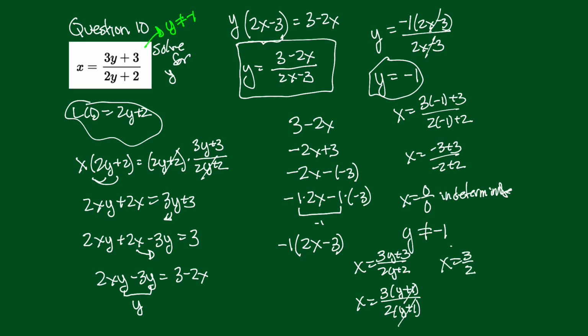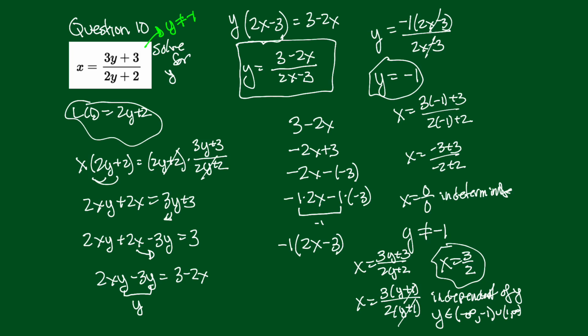Now, there is no y in this. All right, this is independent of y, which means that y could be any number. Here's a way to write it mathematically. Y could be any number in this interval, negative infinity to negative 1 or negative 1 to infinity.